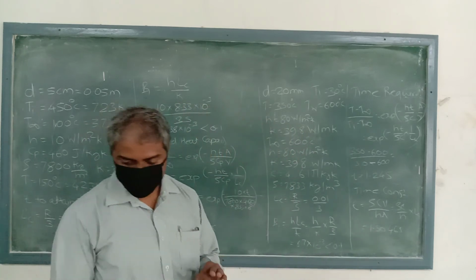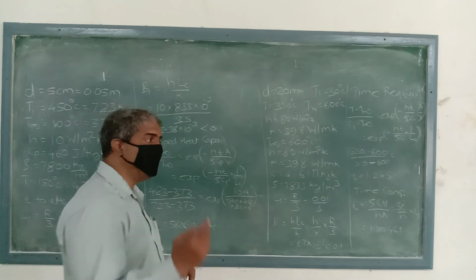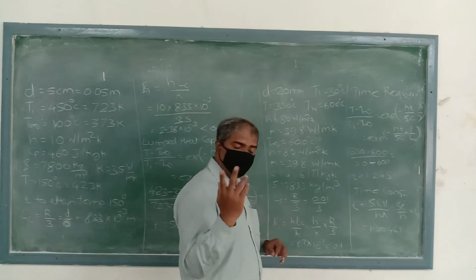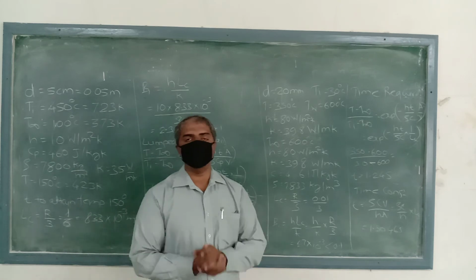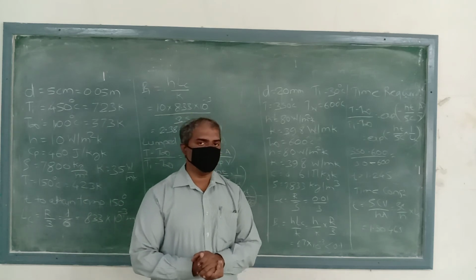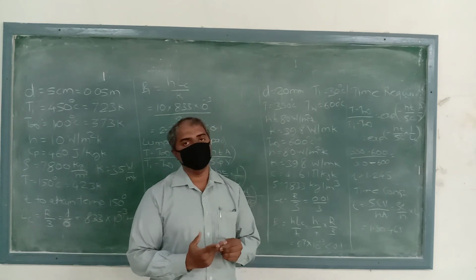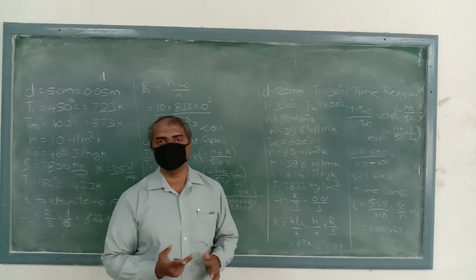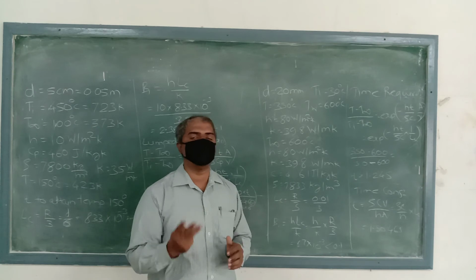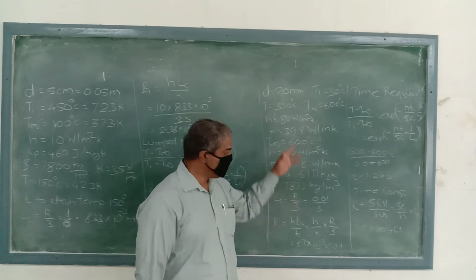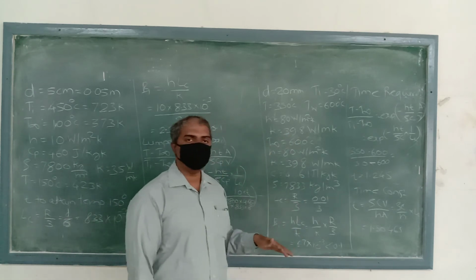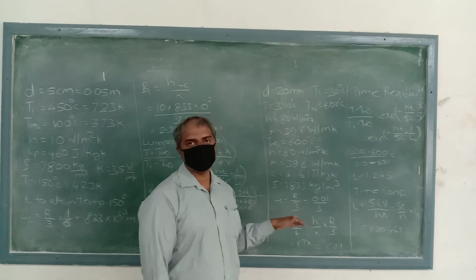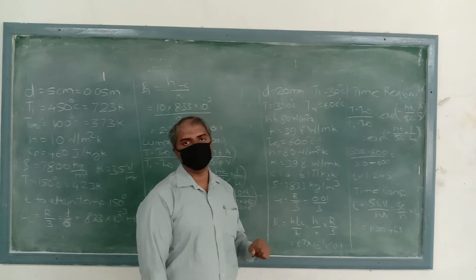So three unknowns they are asking: first, whether the lumped capacity analysis is applicable or not; second, the time required from 30 degrees Celsius to 350 degrees Celsius; and third, the time constant. So we have found all the answers asked in this numerical.